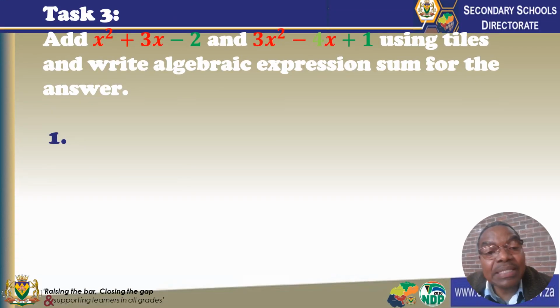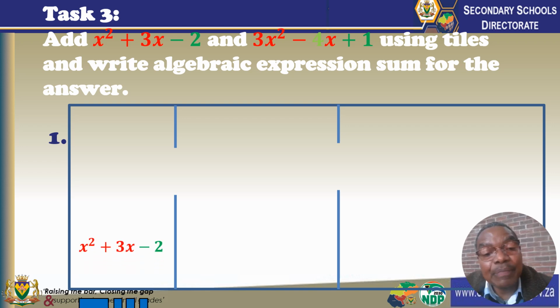Now we go for the next task: x squared plus 3x minus 2 and 3x squared minus 4x plus 1, using the tiles and writing the algebraic expression for the sum of the answers. Let's see. We have x squared and 3x squared. First let's represent x squared plus 3x minus 2.